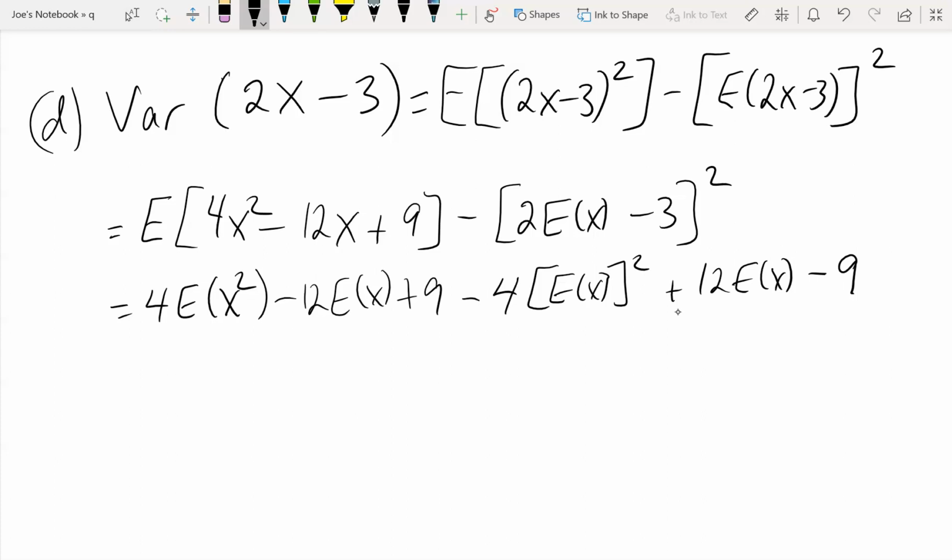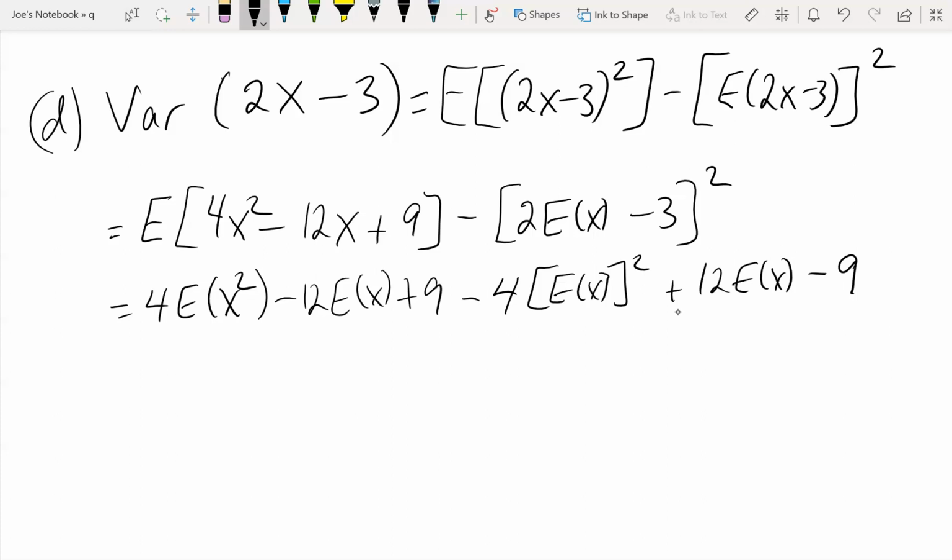Then expand. FOIL out on the inside here with the expected value, and FOIL on the outside here with the expected value. Then break apart the expected value, just like we have been.